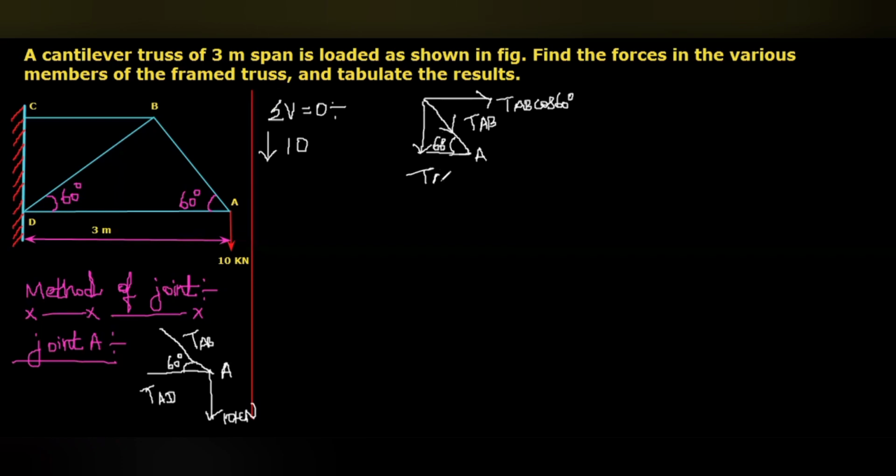TAB sin 60 will act exactly downward. So here you can see the 10 kilonewton is already a downward force. This should be compensated by an upward force.